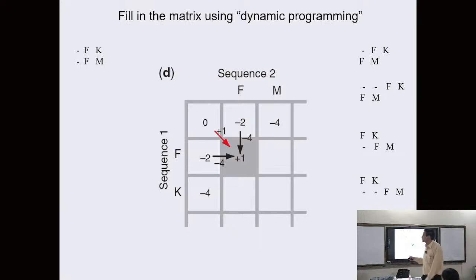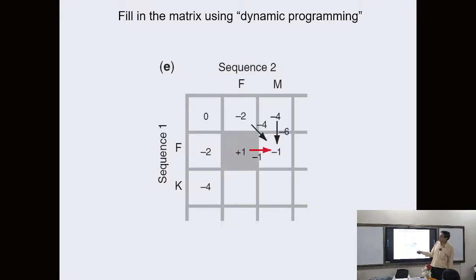Clear? So now you have filled this up. You can fill this because you know these adjacent values, right? If you know the values for these adjacent cells, you can get the best score for this cell, and we will do it. Okay. So now we know these values, we can fill this up.